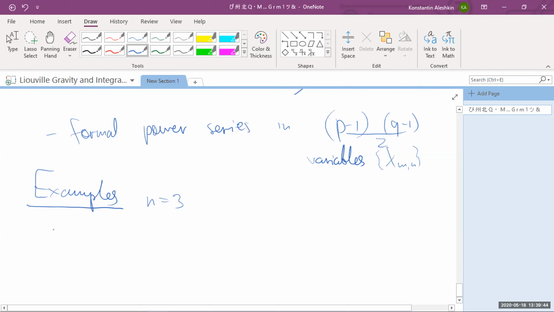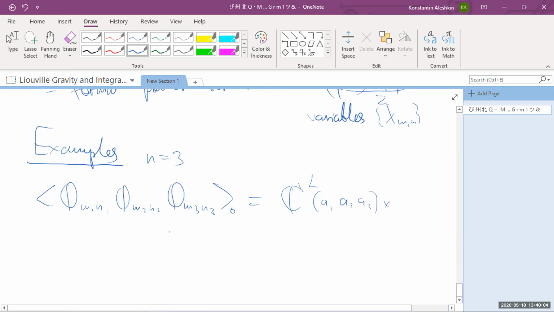the gravity correlation number is just a product of structure constants of the Liouville theory, A1, A2, A3, times the structure constant of the minimal model, which is M1, 1, M2, 2, M3, 3, times this guy.